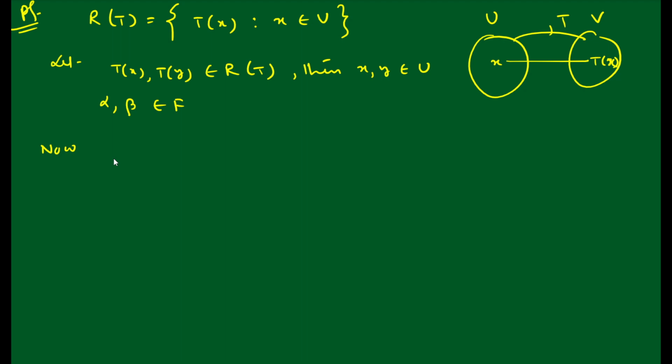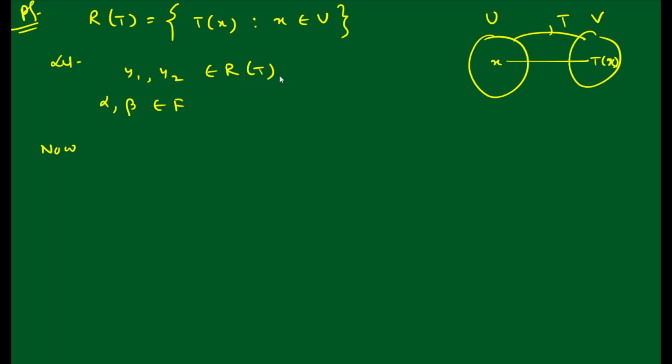Okay, so we can write like this also. Let y1 comma y2 belongs to what? R of T. Okay, that part we will write later. Now see, we have taken two elements from R of T and two elements from what? Field. Now see, y1 and y2 belong to R of T.